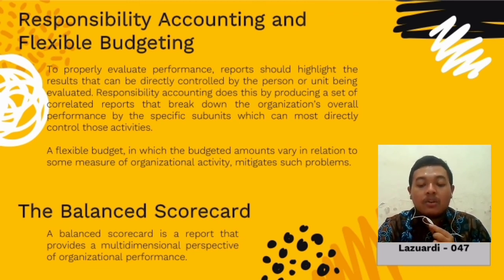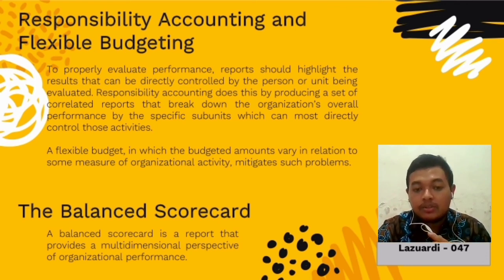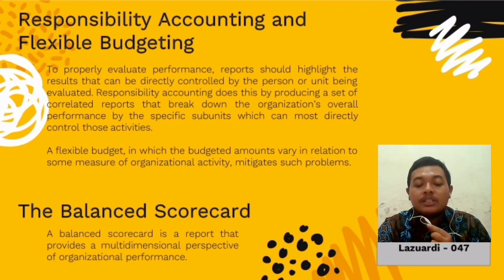A balanced scorecard contains measures reflecting four perspectives of the organization, including the financial, the customers, the internal operations and innovation, and also the learning. The financial section contains lagging indicators of past performance, whereas the other three sections provide leading indicators about likely future financial performance.